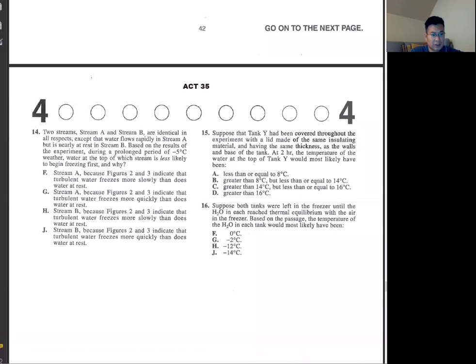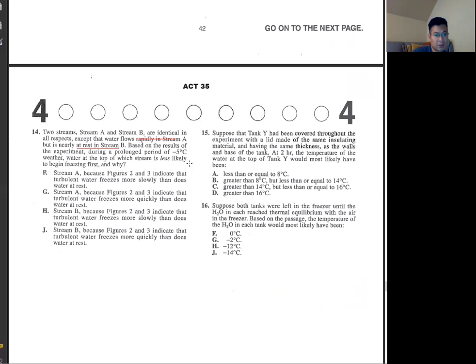Moving on, number 14, two streams, stream A and stream B, are identical in all respects, except the water flows rapidly in stream A, but is nearly at rest in stream B. Based on the result of the experiment, during a prolonged period of -5 degrees Celsius weather, the water at the top of which stream would be less likely to begin freezing first, and why? Obviously, you have to think about the common sense.